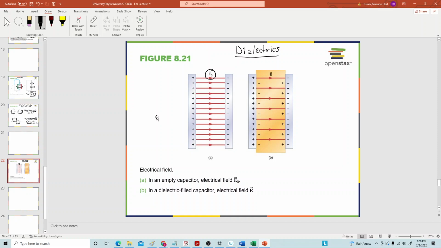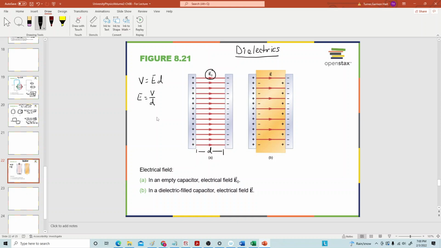And remember that the voltage between the two plates can be characterized by the strength of the field times the distance between the plates. V is equal to Ed. And likewise, the field strength E can be thought of as the total potential between the plates divided by the distance.